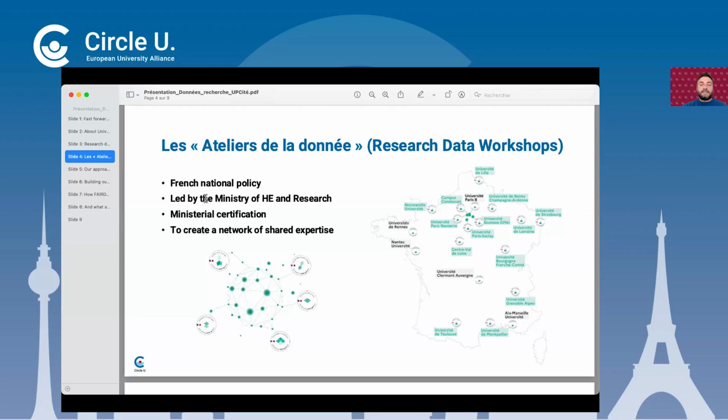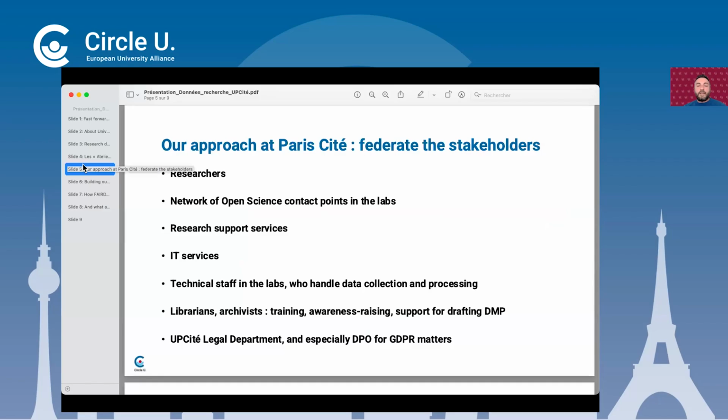At Paris Cité, these stakeholders are many and complementary. They include first and foremost the researchers themselves, supported by a network of open science contact points in the labs, sort of ambassadors if you want. We also involve the research support services, which help teams prepare project proposals and funding applications, both within each of our 3 faculties and at the central level for cross-faculty projects.